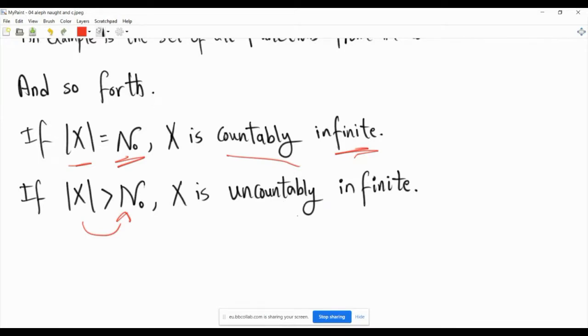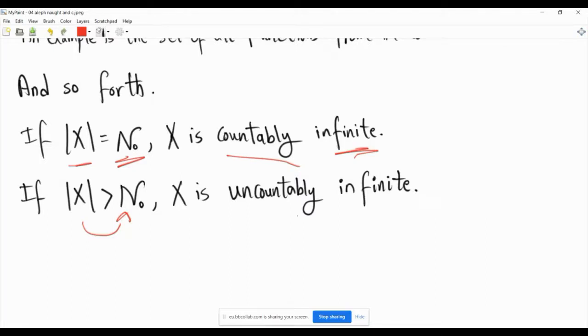Okay, so for infinite sets, there are, in fact, an infinite number of infinite sets, because of this trick of obtaining the power set of the power set.